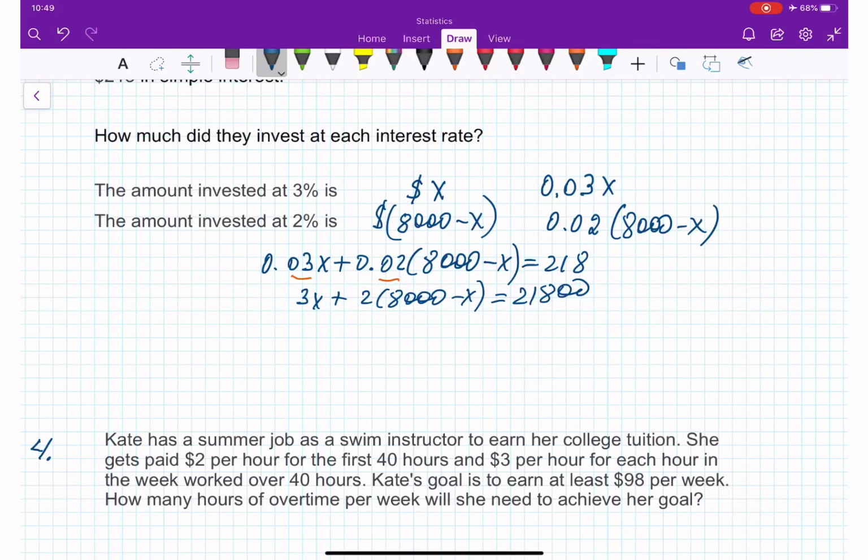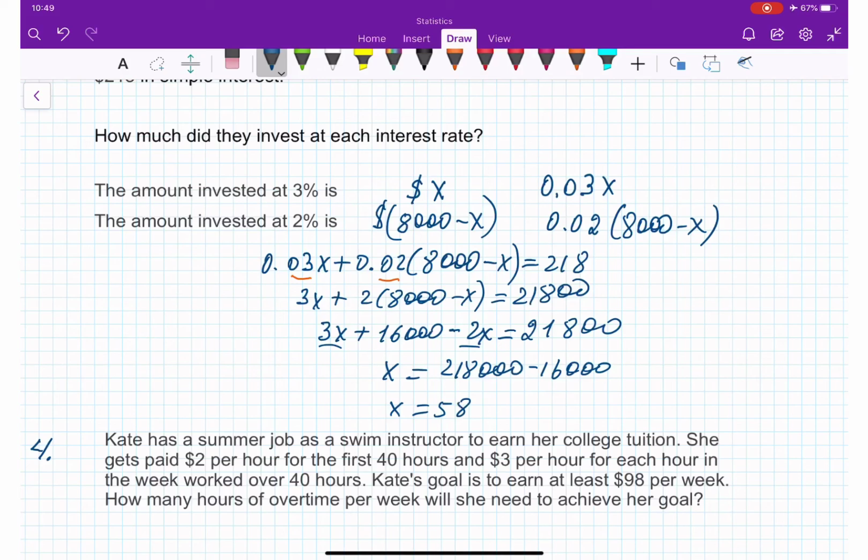So it's going to get 3x plus 16,000 minus 2x is equal to 21,800. So from here, like terms, 2x, 1x, and we are getting 21,800 minus 16,000, because once we move to the other side, it becomes a negative sign. So from here, x is equal to 5,800.